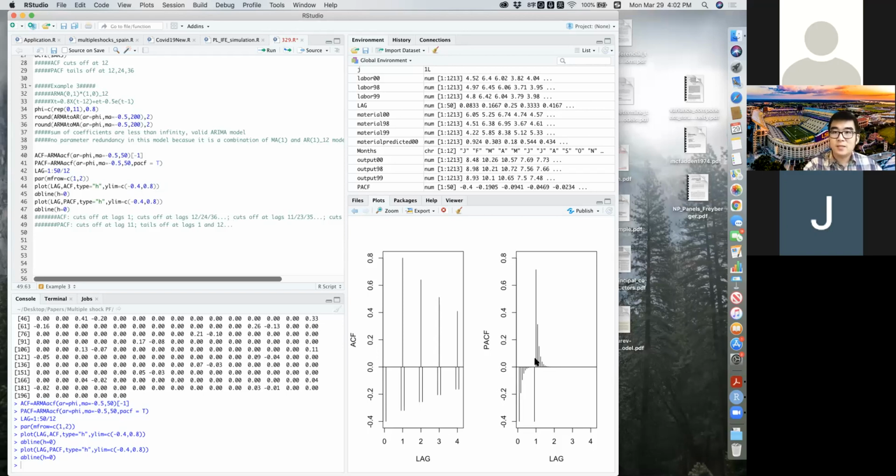Just by looking at these two figures, you can see these are much more complicated than the pure ARIMA model and the pure seasonal ARIMA model. The combination of them is very complicated, and actually there is no common rule for deciding this.